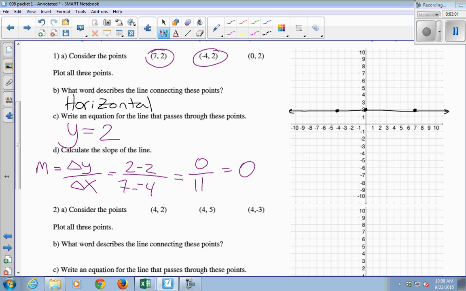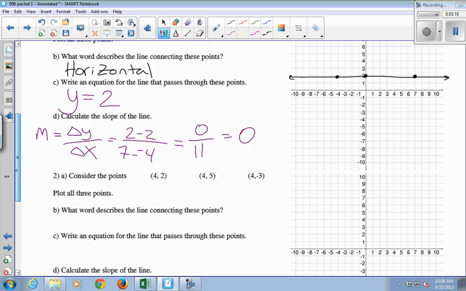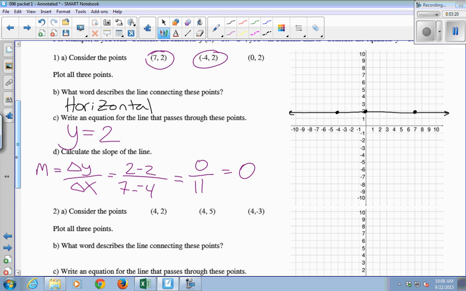So horizontal lines have equations that look like y equals a number, because they're always going to share a y coordinate. And they always have a slope of 0.